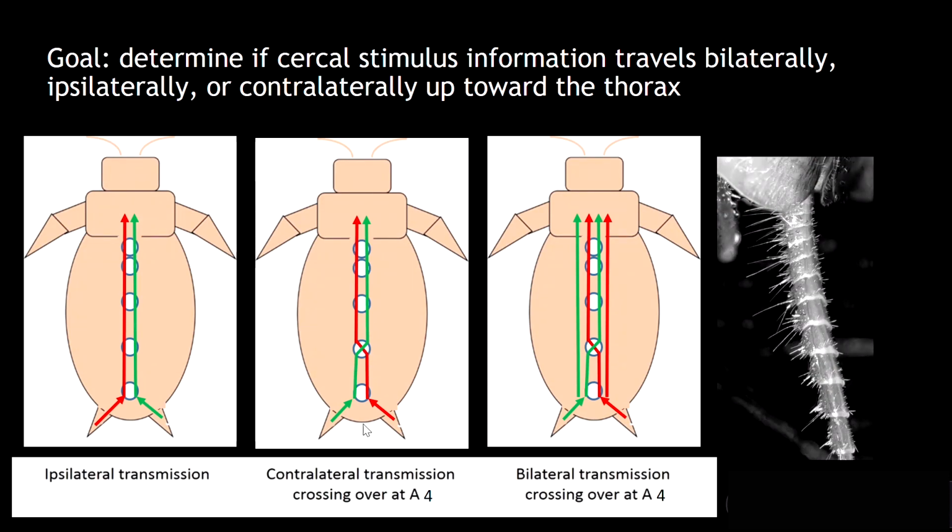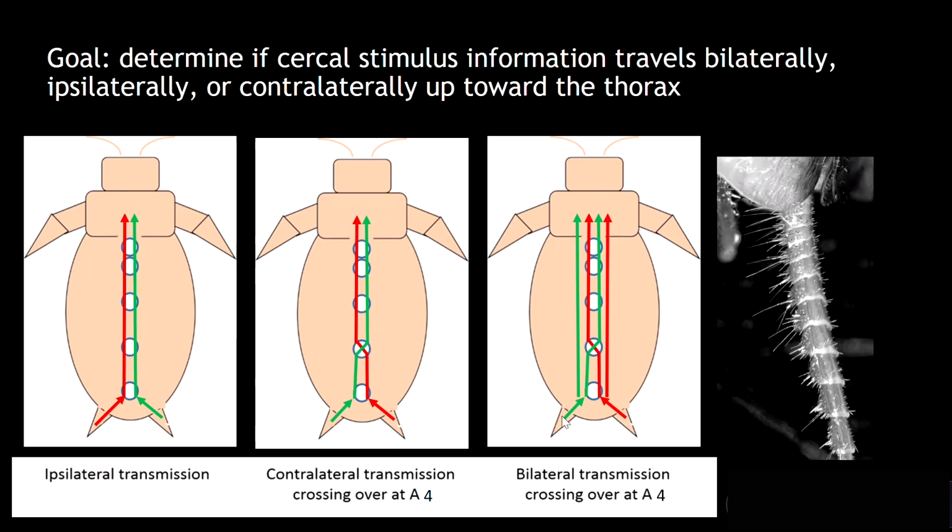So for this model, between A4 and A5, the signal actually travels ipsilaterally, and then after A4, it's going to travel contralaterally. Ipsi means the same side, identical side. Ipsi starts with I, identical starts with I. So they travel the same side. Contralaterally, which is here, means the signal travels on the other side of the nerve cord.